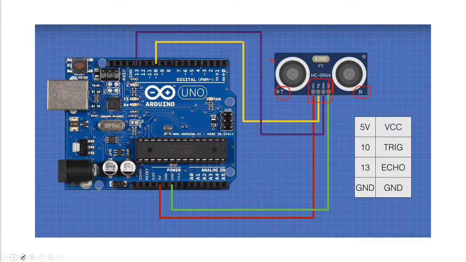Once the echo comes back, it calculates the delay, how long it takes for the echo sound to come back, using the other terminal written R. It receives that echo, and then that calculation is taken of how long it takes for the sound to come back. Once we know how long the sound takes to come back, we'll be able to get the distance. So that's why we call it ultrasound distance sensor.